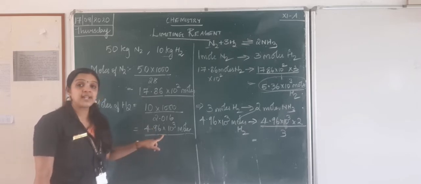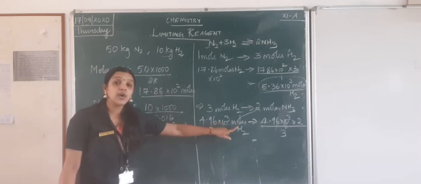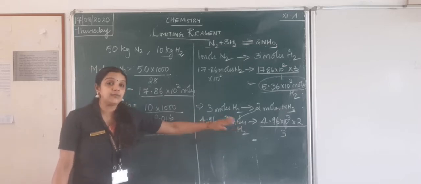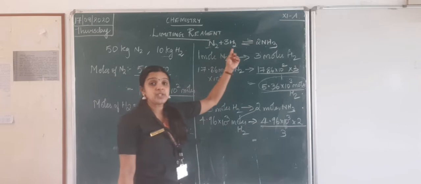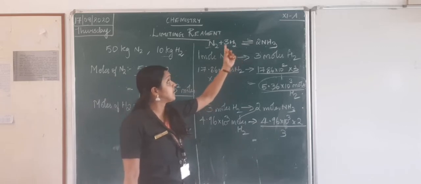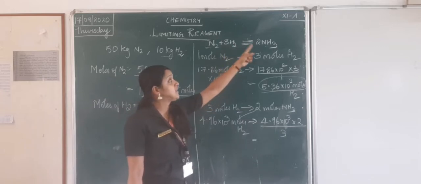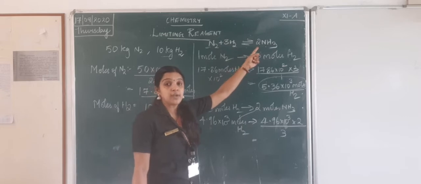So with 4.96 × 10^3 moles, I need to calculate how much ammonia will be formed. From the equation, we should understand that 3 moles of hydrogen will give 2 moles of ammonia.